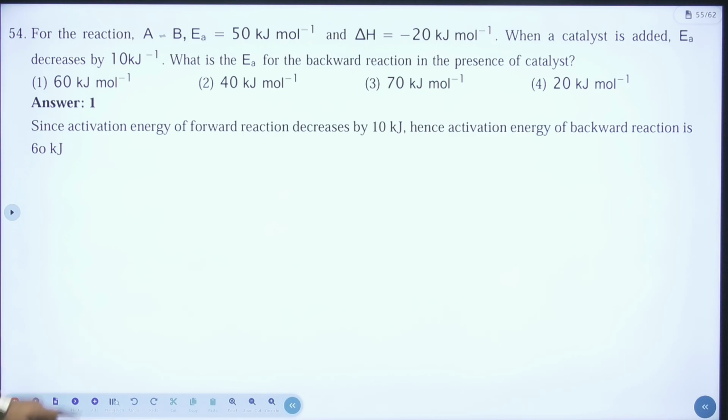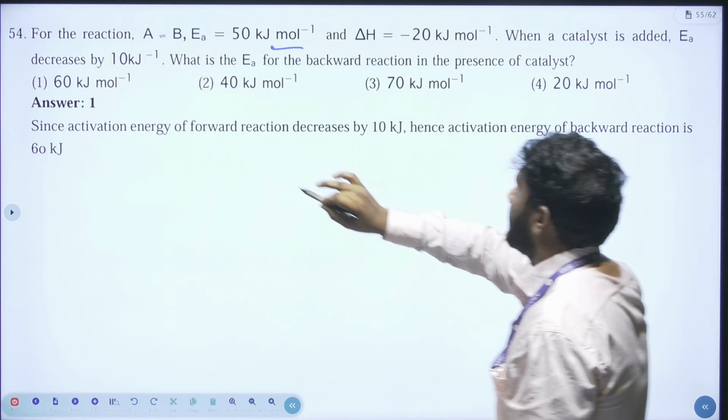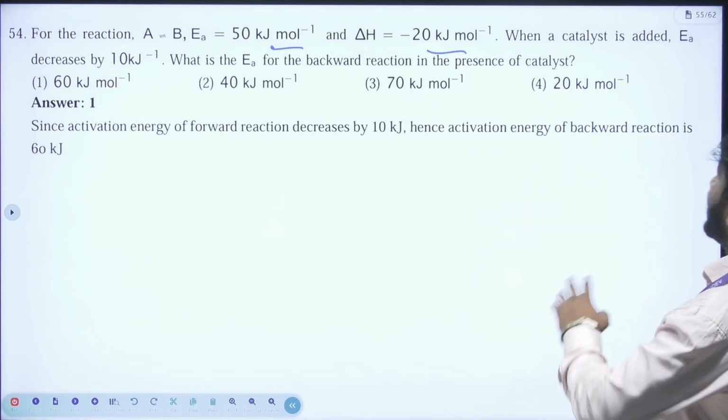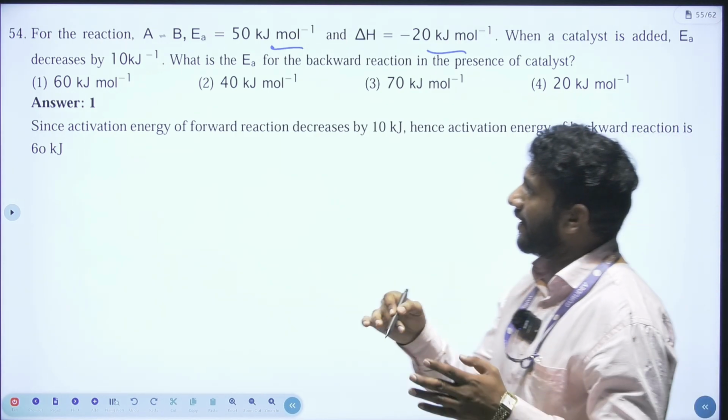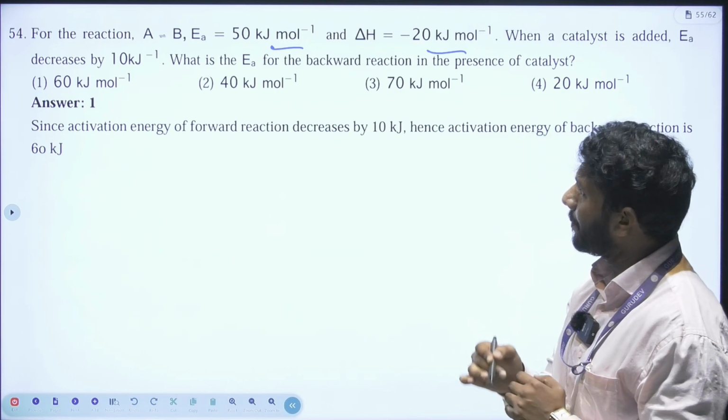Next question. For the reaction A in equilibrium with B, the activation energy is 50 kilojoule per mole and the enthalpy change is minus 20 kilojoule per mole. When a catalyst is added, the activation energy is decreased by 10 kilojoule per mole.